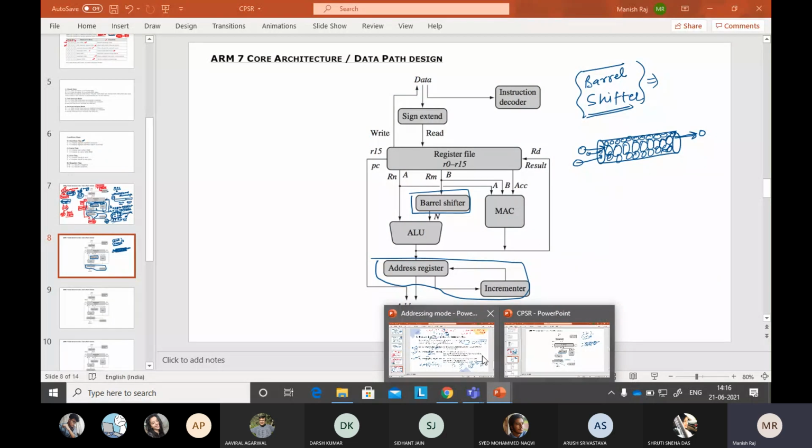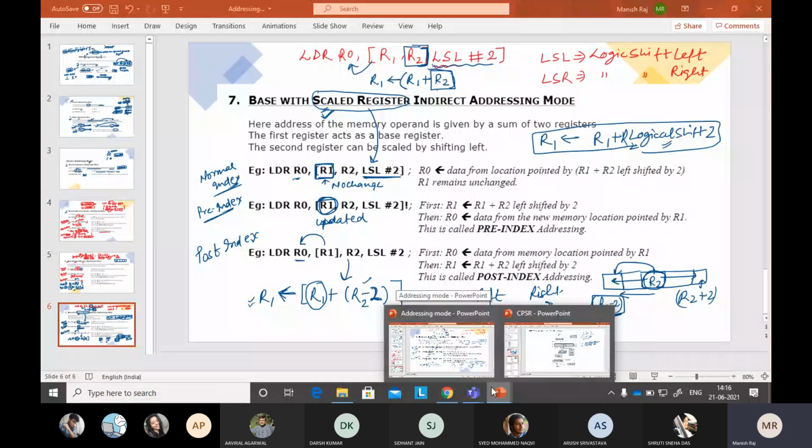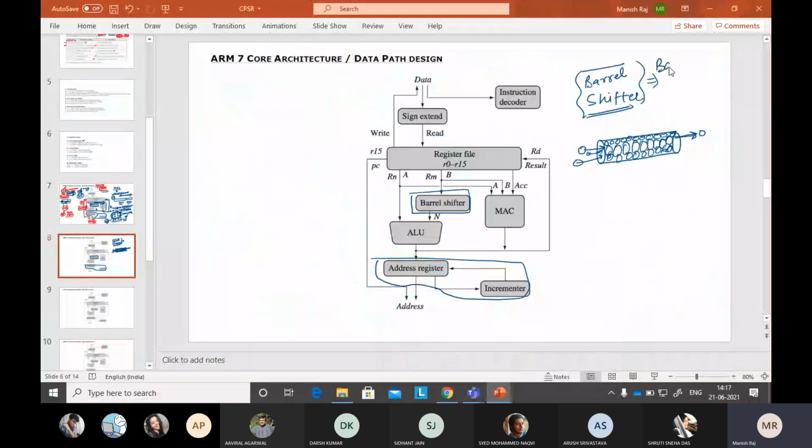This is the base with scaled register. Here you can use this type of barrel shifter. So this type of mode you can use with the barrel shifter.